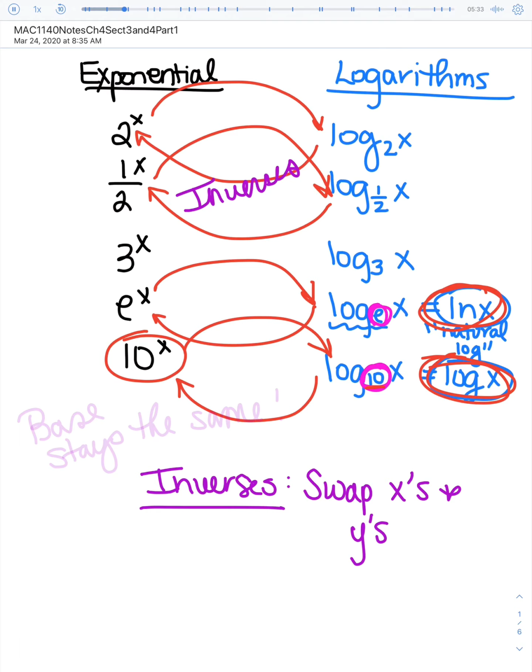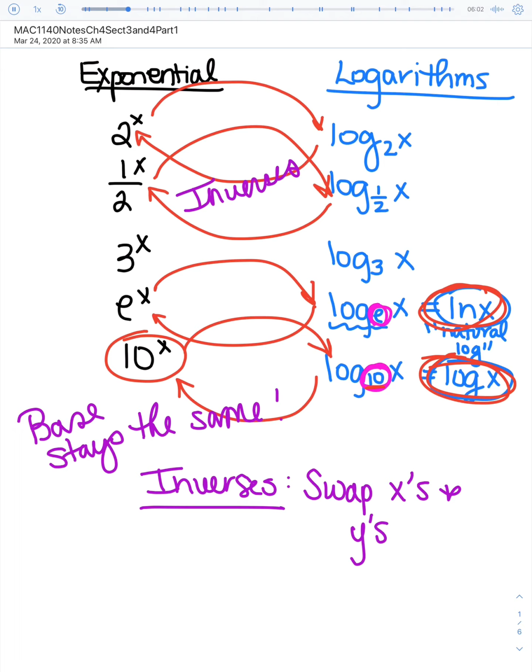But notice with these, when you're finding your inverses, whether the inverse of a log is an exponential or the inverse of the exponential is a log, notice that the base stays the same. That's very important.